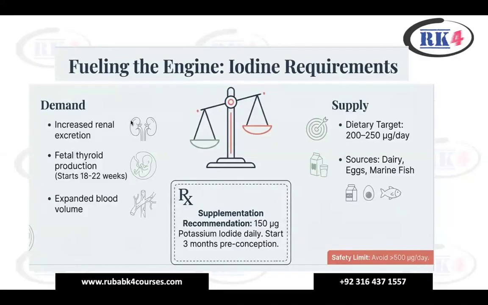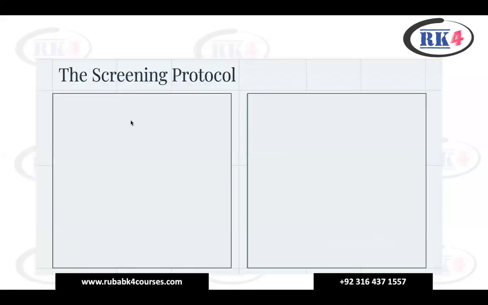Now, what does the guideline say about screening? Should we be screening all women for thyroid disorders during pregnancy? Various studies and trials were done, and they have quoted a lot of trials in the Green-top Guideline.